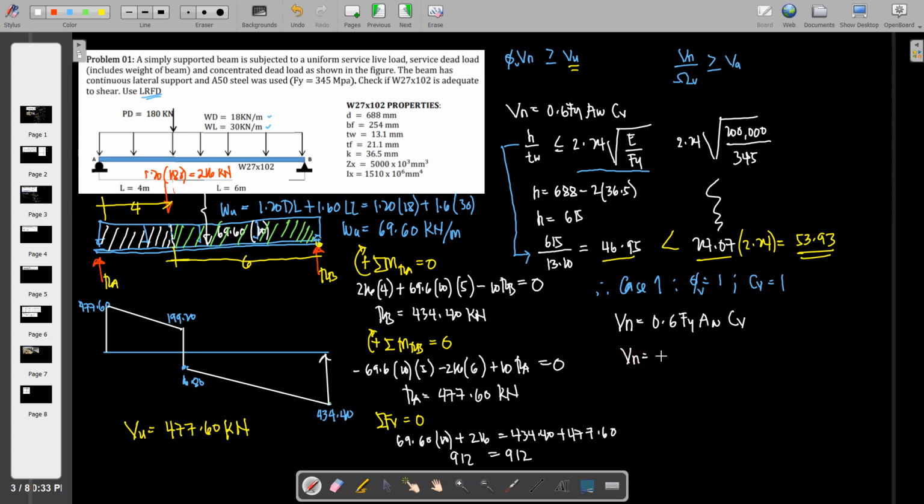So simply, Vn is equal to 0.6 of 345, Fy natin. So yung Aw is d times thickness of the web, 688 by 13.1.